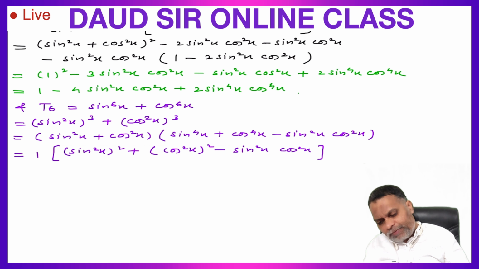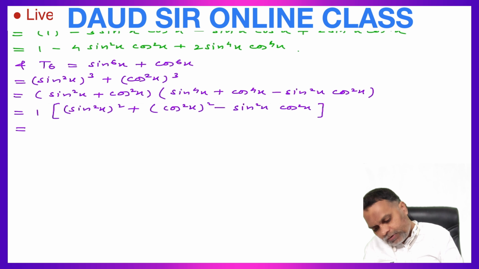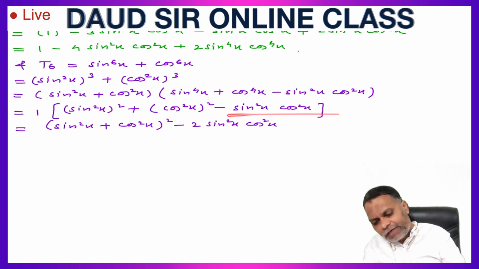Now again apply the identity a square plus b square equals a plus b whole square minus 2ab. So a plus b whole square minus 2ab, where a is equal to sine square x and b is equal to cos square x, and write this minus sine square x cos square x as it is.